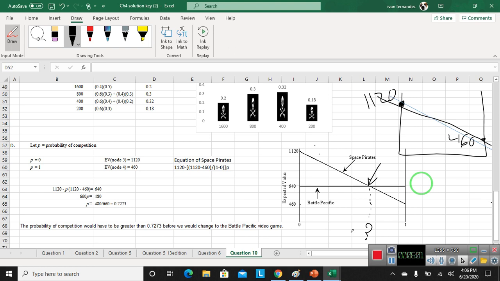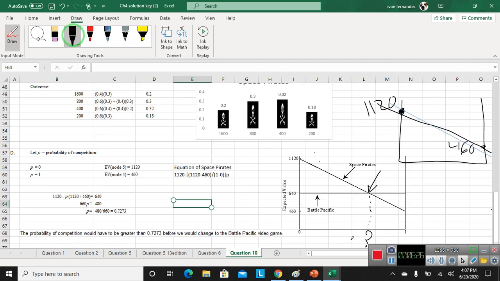You're going to take the equation of each of the lines and you're just going to make them equal to each other. Okay, so we're going to do a little bit of math here. Battle Pacific is simple because the equation of a line that is just flat across is y equals 640.